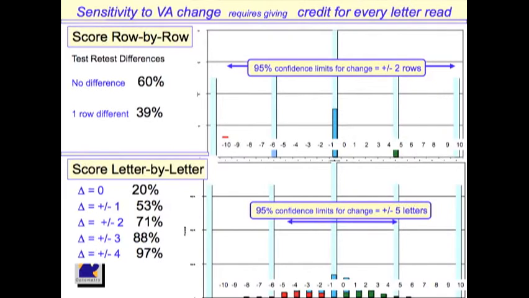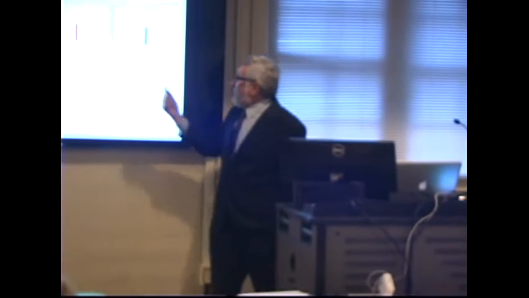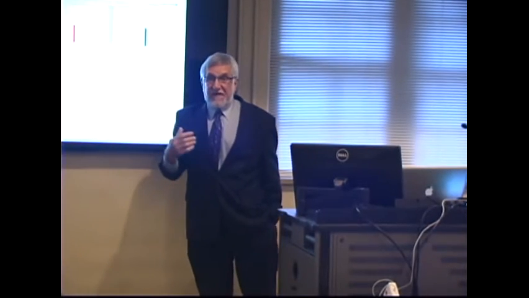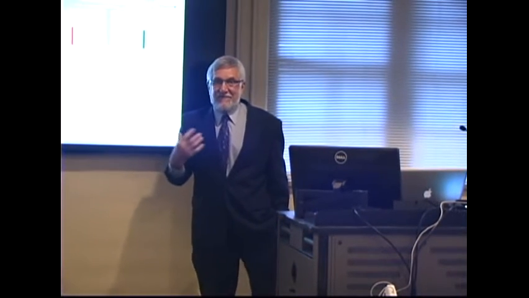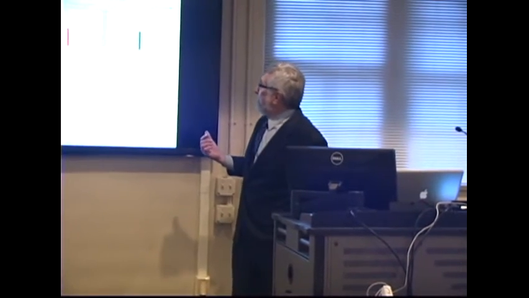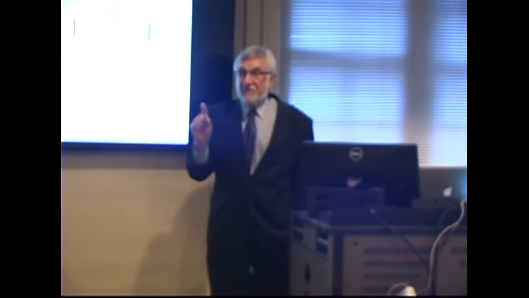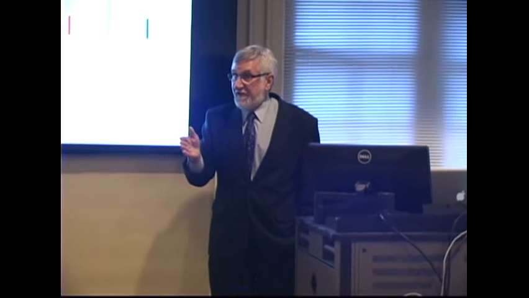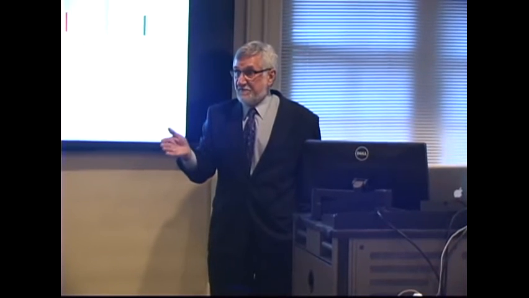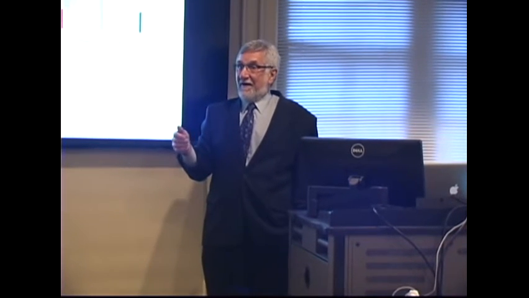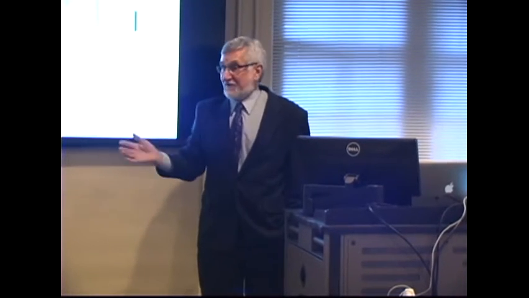Occasionally, you won't even get 2 rows of difference on test and retest of the same person whose vision hasn't changed. If this happens, and it cannot not happen, your criterion for change must be 2 rows of change. So if you test the person today, and they come in next day and say, I think my vision is worse, and you find 1 row difference, you should say, if I'm scoring row by row, I cannot tell that that's different.